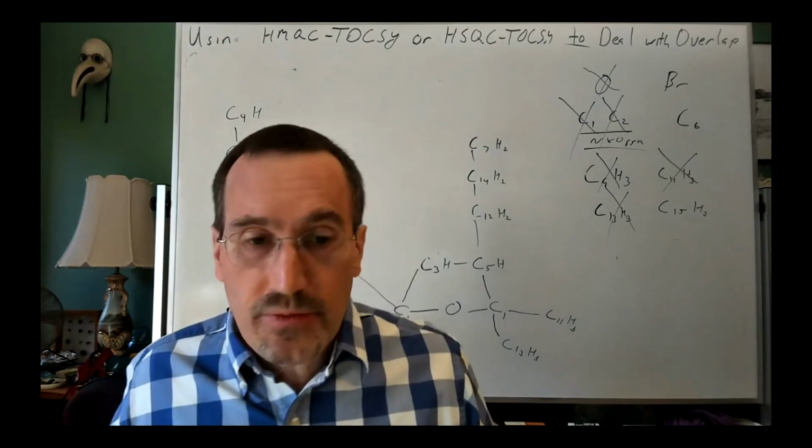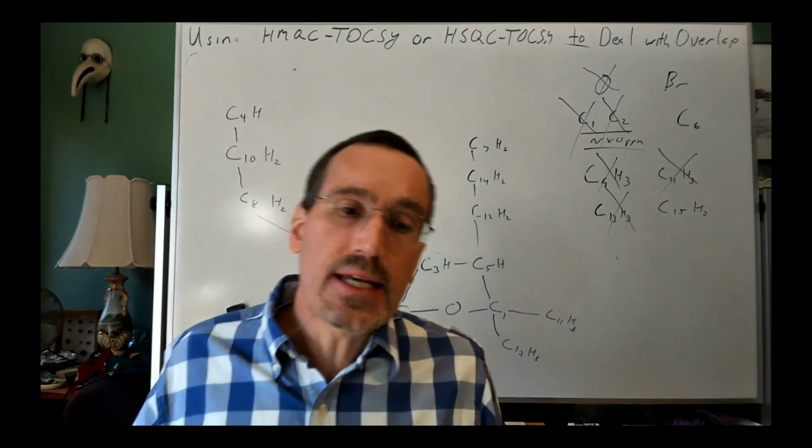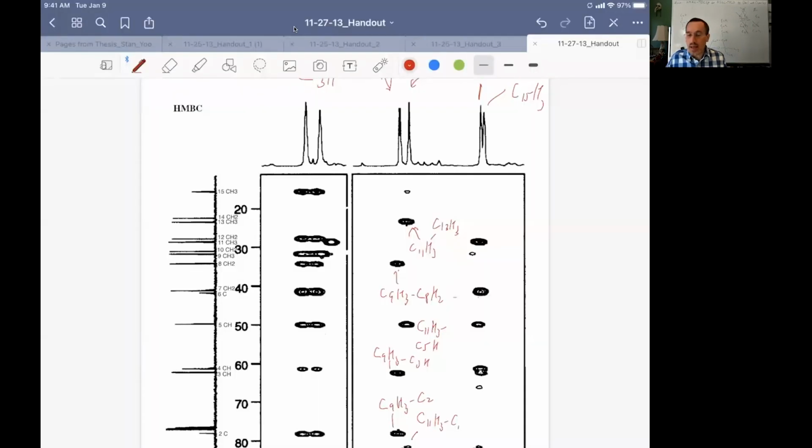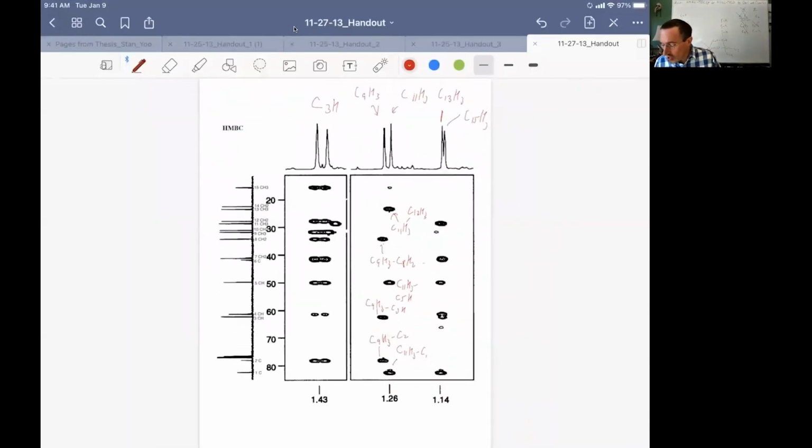All right, so let's return to our HMBC. Now, our 2 methyls are really, really close together. Our C13 and C15 are very close together. But we've taken all of our cross peaks off.